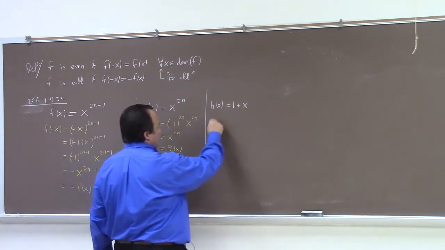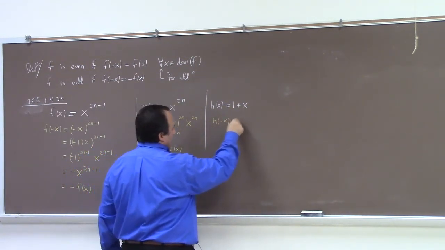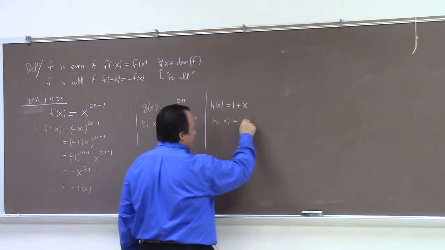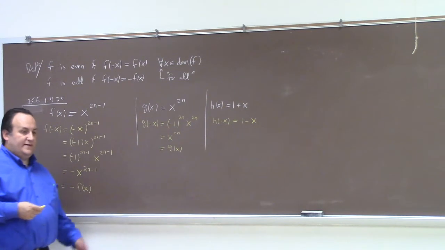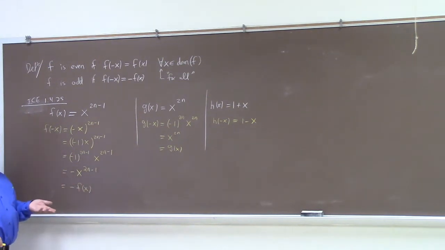All right. How about this last one? What's h of minus x? Well, 1 minus x. And that right there, that's not equal to h of x. It's also not equal to minus h of x, right?